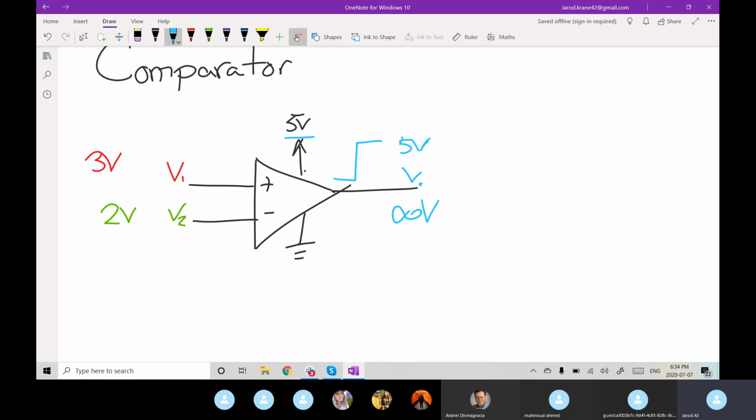Now, using a standard comparator, the cap on your output is typically less, so you're not going to be able to achieve a perfect 5 volt, 0 volt. It'll be 4.8 and 0.2. Like, it'll be slightly off, unless you get a rail-to-rail op-amp. A rail-to-rail op-amp is one that's specifically designed to allow hitting your supply.